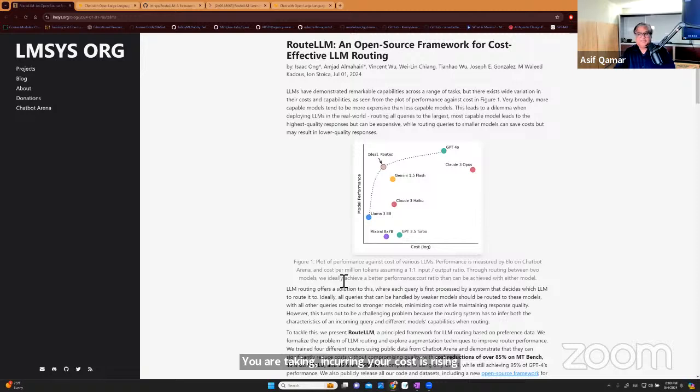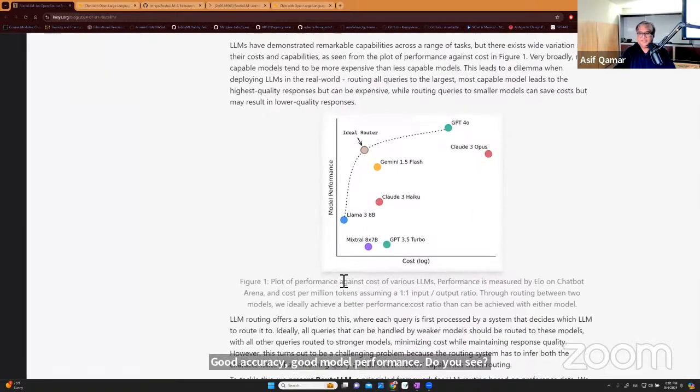Right? So GPT-4 and Claude Opus, these are very, very expensive models. And they give you a lot of good accuracy, good model performance. Do you see? Models are performing very well in this particular thing.